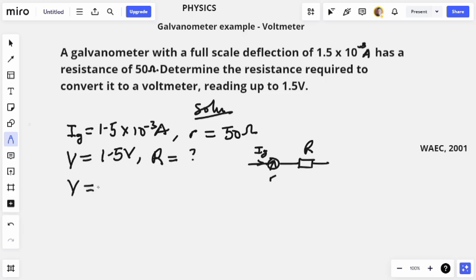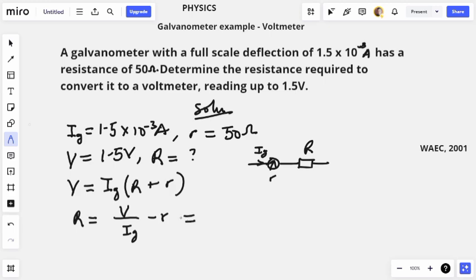Voltmeter reading equals galvanometer current times multiplier plus internal resistance of the galvanometer. Then we make big R the subject of the formula, since it is the one we are looking for. Big R equals voltmeter reading divided by galvanometer current, minus the internal resistance.